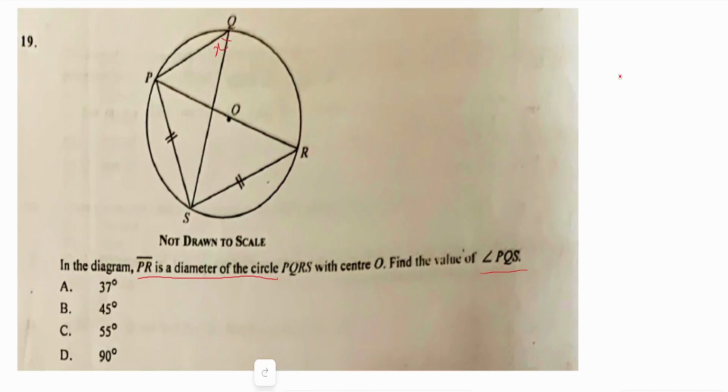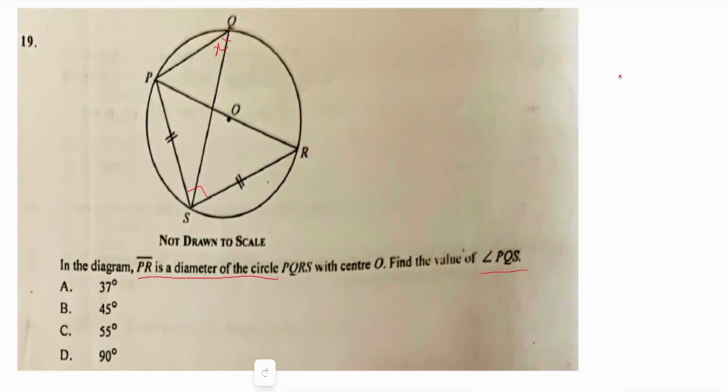Alright. Now let's come back to the first information that PR is the diameter to the circle. If PR is the diameter to the circle, then it means that this angle here is 90 degrees because according to one of the circle theorems, a diameter subtends or makes an angle of 90 degrees at the circumference of the circle.